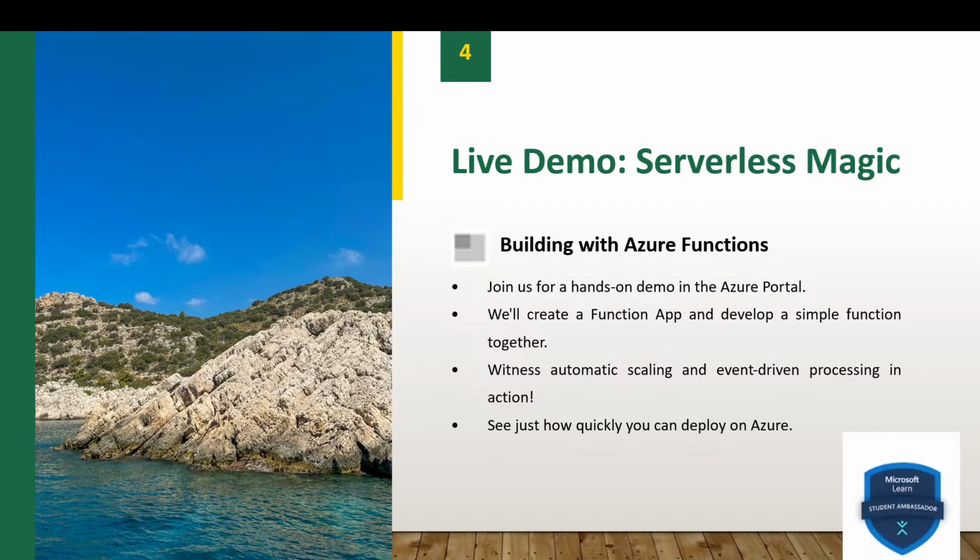You will be prompted to choose a development environment. Select In Portal for this demo to write the code directly in the Azure portal. Choose a template for your function. For simplicity, select the HTTP trigger template, which creates a function that runs in response to an HTTP request.